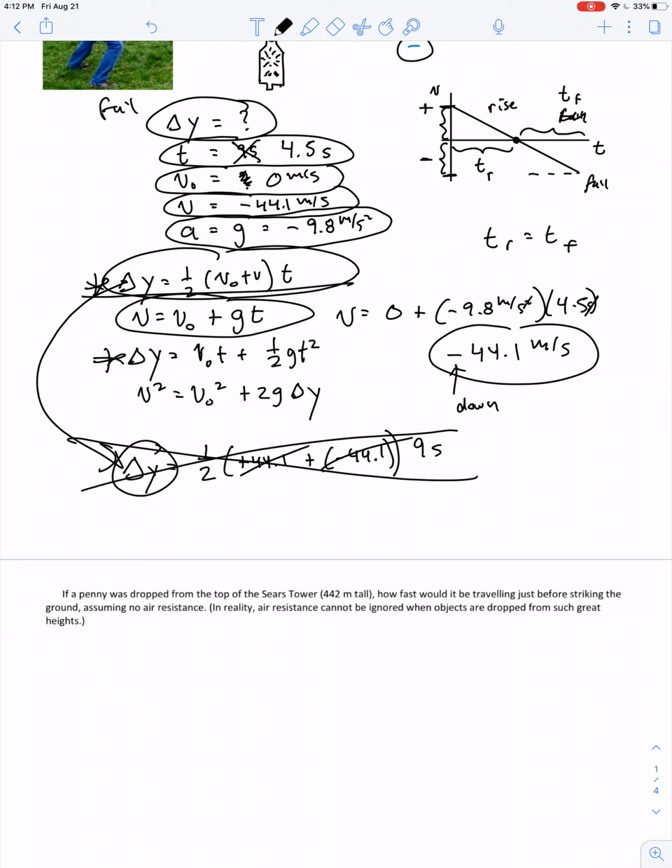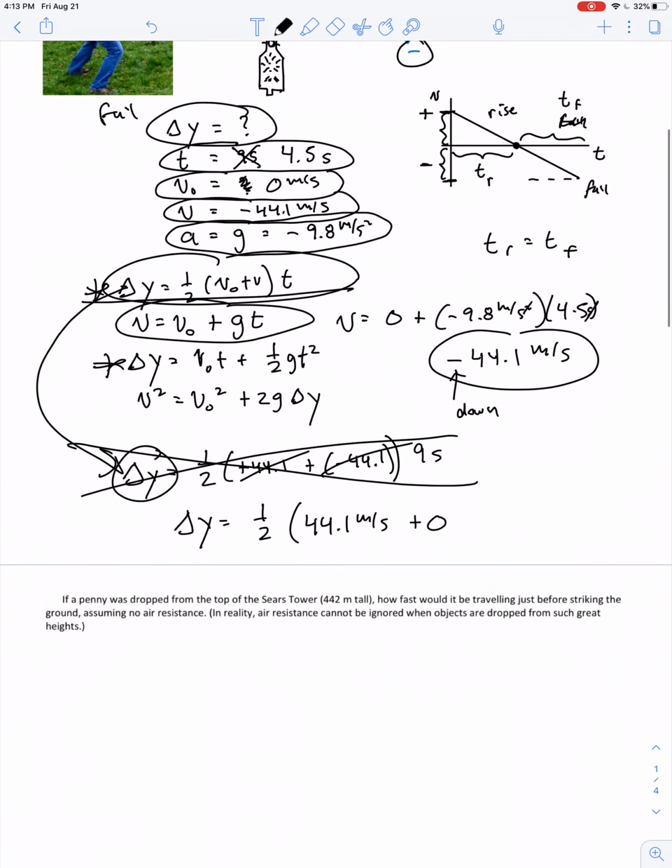So do over: delta y is equal to 1/2 times 44.1 meters per second plus 0, from the bottom to the top, times, not 9 seconds, 4.5 seconds, okay? So if I'm considering these as the velocity values, then I have to put in the corresponding amount of time that it took to go between those two values, which is half of the overall flight.